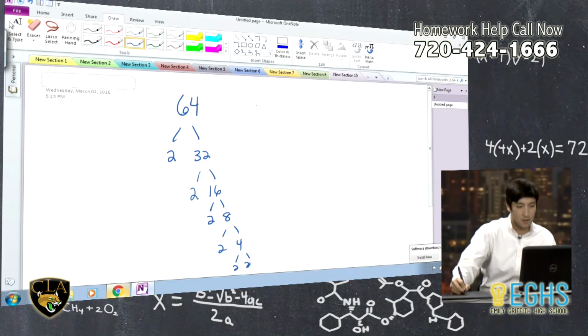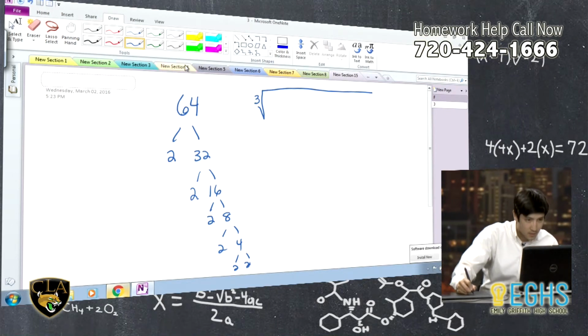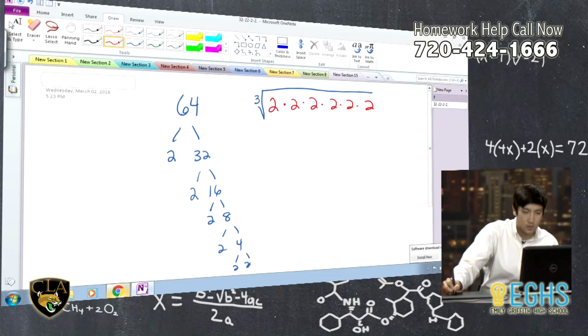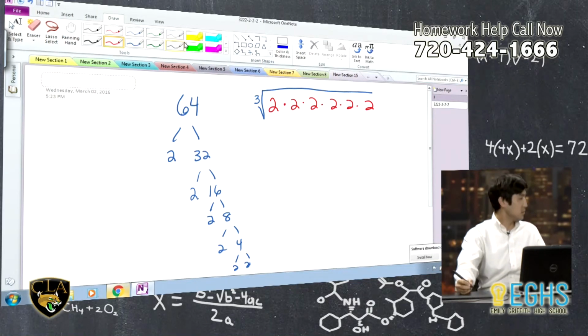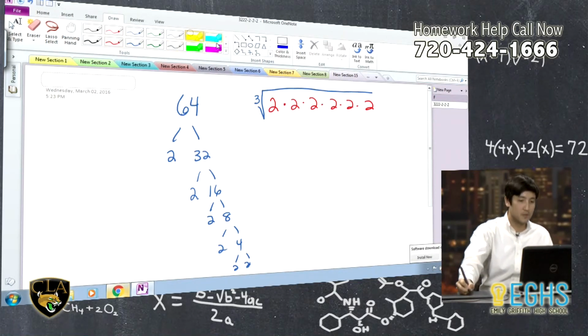And you can take all of these and say that it is the cube root of, and we have, count them here, 6 of them. So 2 times 2 times 2 times 2 times 2 times 2. And then same thing that you would do with the square root is you would pull out groups of 3.